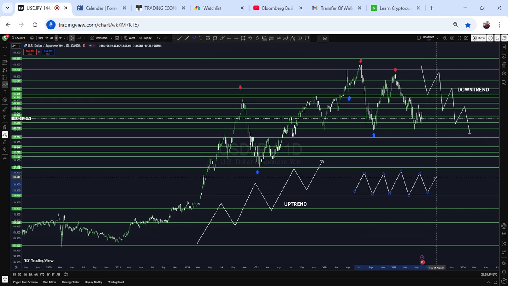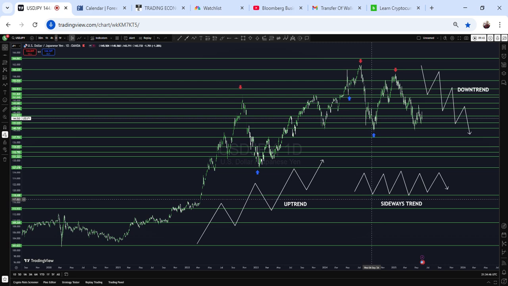It doesn't have any specific direction. So when it comes to technical analysis on the trading, we have uptrend, we have sideways trend, and we have downtrend.